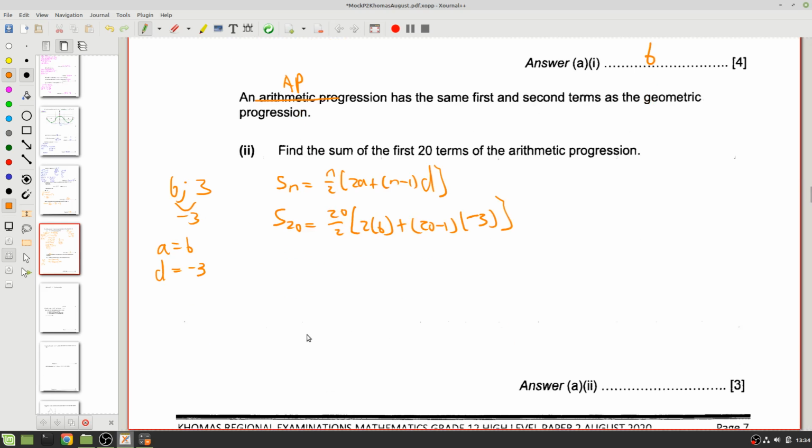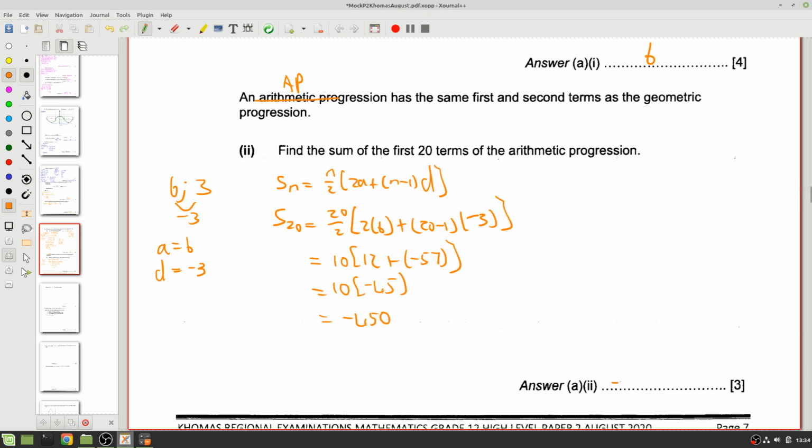Okay, and now we can just type all this in the calculator, but for a bit of practice, I'm just going to do this as head calculations. 20 over 2 is 10. 2 times 6 is 12, plus 19 times negative 3 is negative 57. So that will give us 12 minus 57 is negative 45. So we get negative 450.